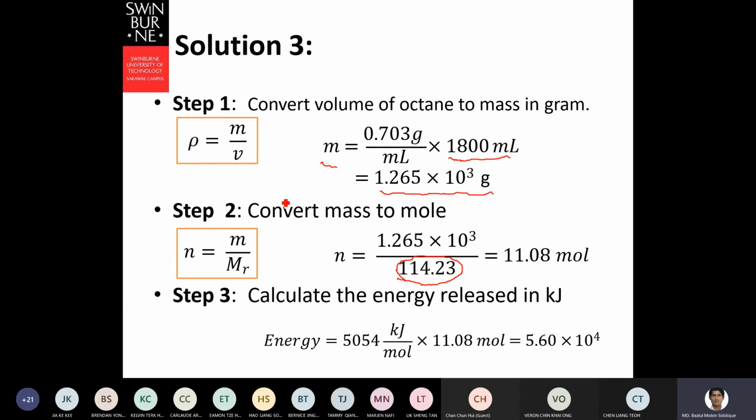So we divide the mass of the octane by this molar mass, and we find 11.08 moles. So since 1 mole produces 5054, 11.08 moles will produce quite a huge amount of energy, isn't it? And also we see that 11 moles will need how many moles of oxygen to burn?